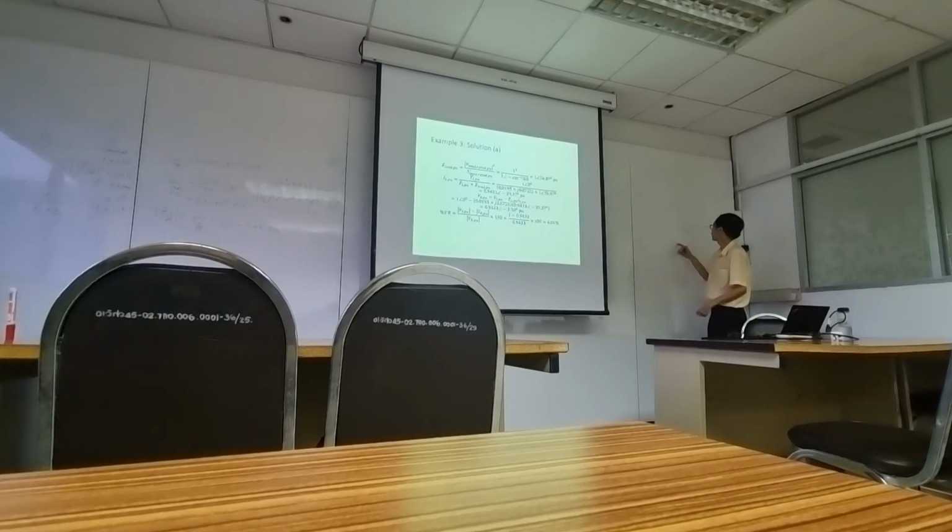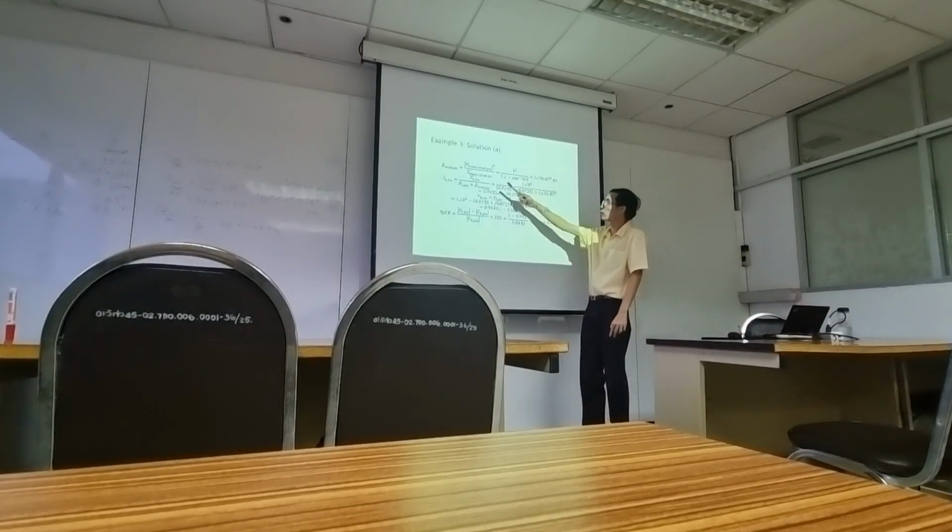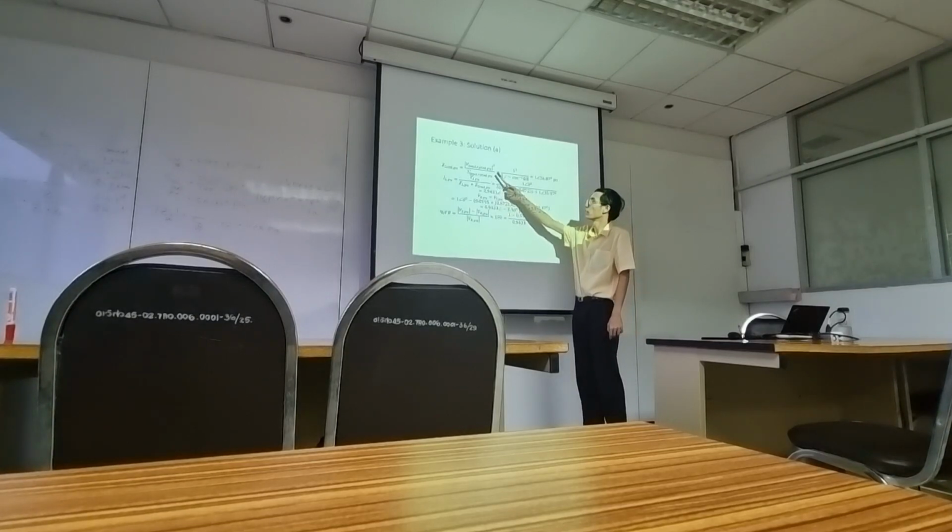For a constant impedance load, you can think that this impedance is constant. So for the load, first we try to find the load impedance. Z load equals V squared divided by S load.